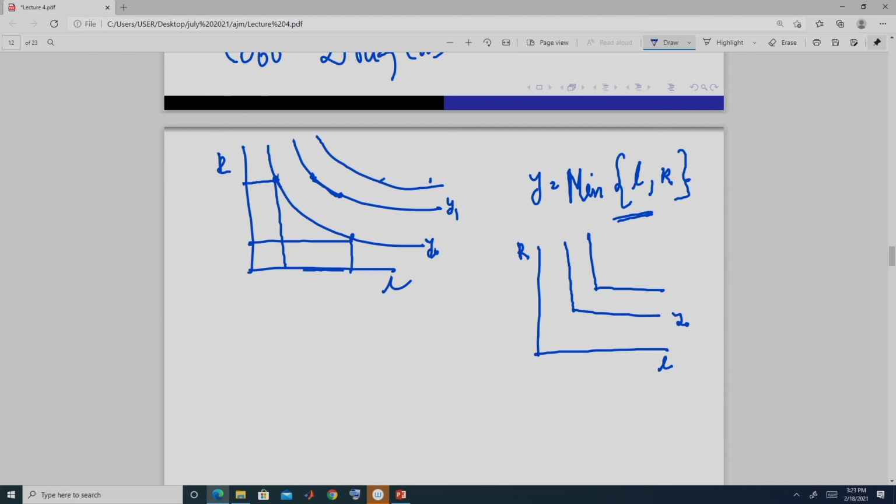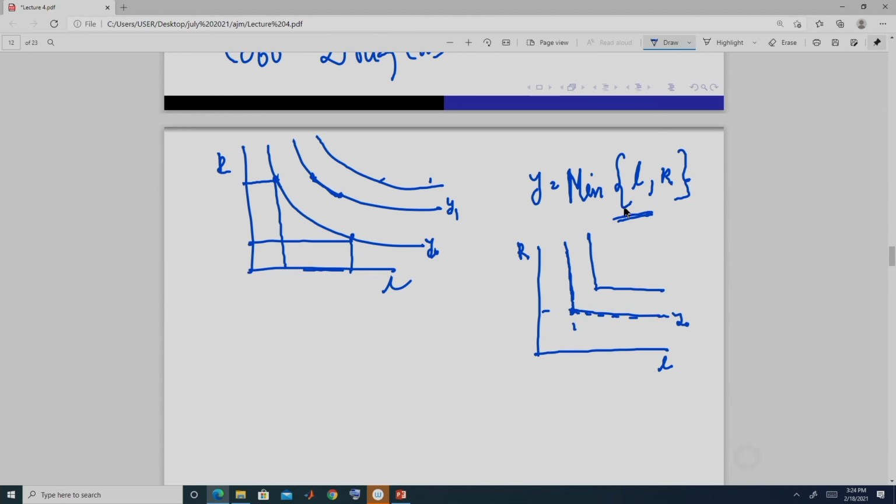We produce output using a fixed proportion. Even if we keep on increasing the amount of capital, our output is not going to increase given a fixed amount of labor. So, you can see that this is violating monotonicity, and also this is not a differentiable function. If we fix this amount of capital and keep on increasing labor, output is not going to increase, it is going to remain fixed.